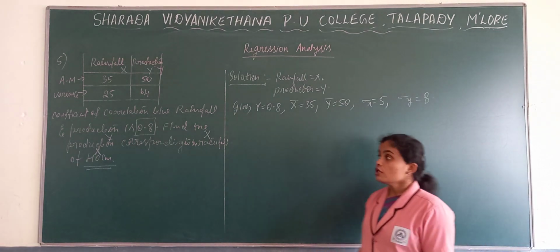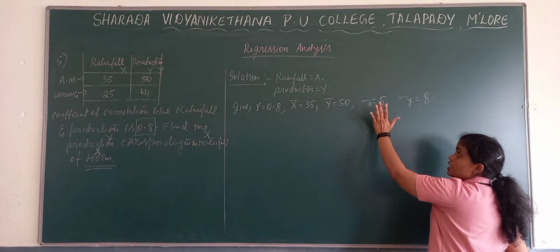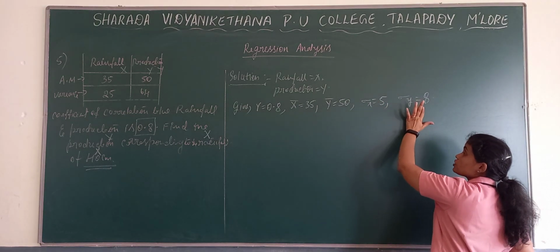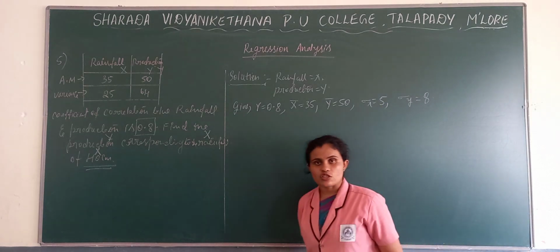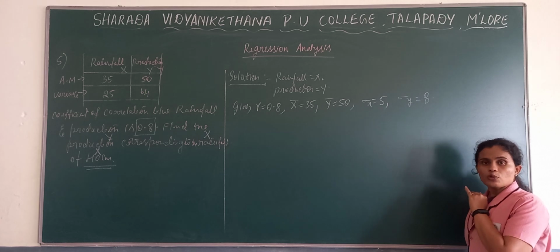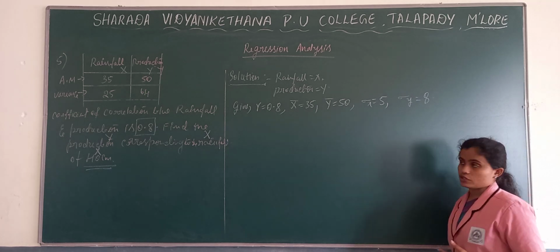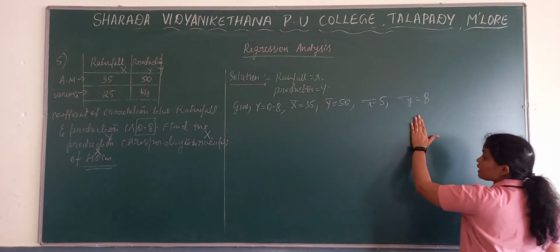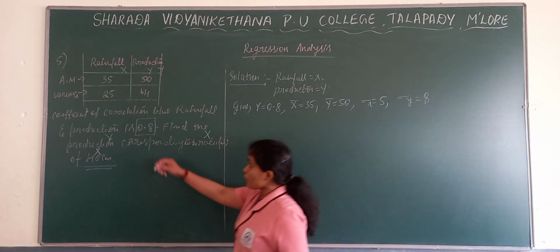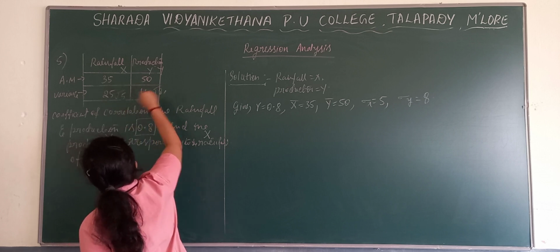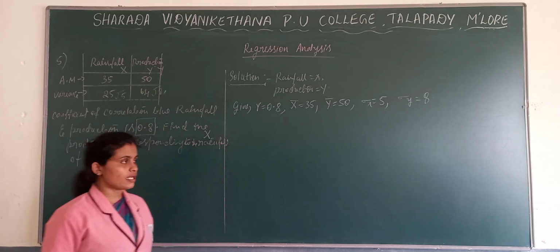Now, if standard deviation is 5, what is the variance? 25. If standard deviation is 8, what is the variance? 64. So same way, if we get variance, we need to take the root of that, then we get standard deviation. So we require standard deviation in the problem. So I have directly written standard deviation from the variance. The root of 25 gives 5, the root of 64 gives 8. So that is the standard deviation.